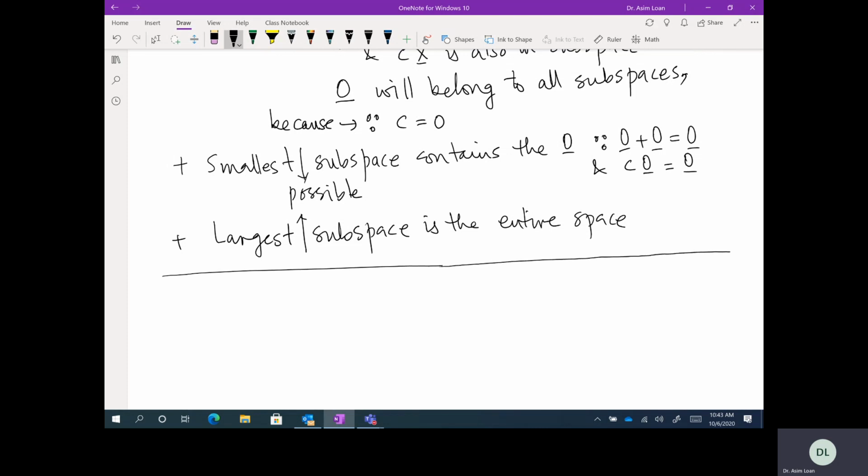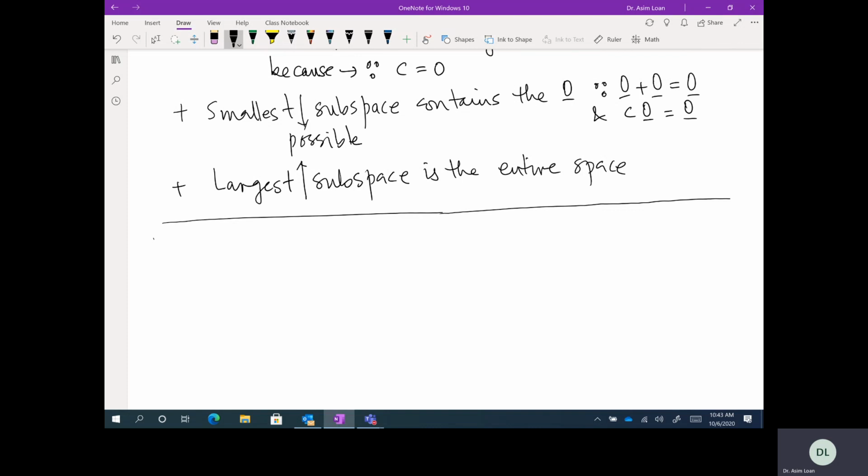What if in 2 dimensions, consider R2 such that x is greater than or equal to 0 and y is greater than or equal to 0, which simply means we are in the first quadrant.